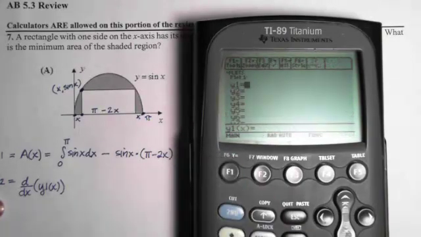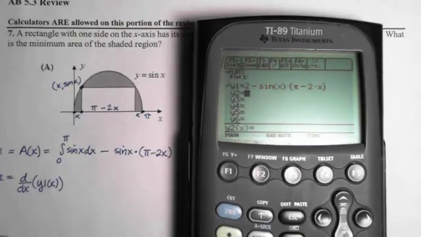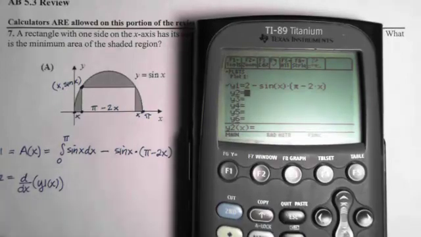So I'm going to go to y equals, and I'll do 2 minus the sine of x times pi minus 2x. So double check that it looks like it's supposed to. We have a 2 minus a sine of x times a pi minus 2x. Now y2 is going to be my derivative. So I can do the derivative of y1 of x with respect to x and hit enter. So now I've got my y2.